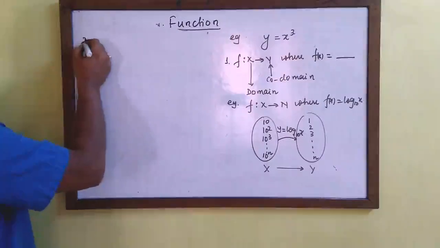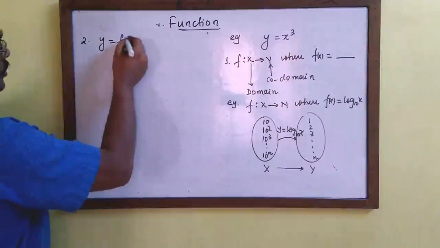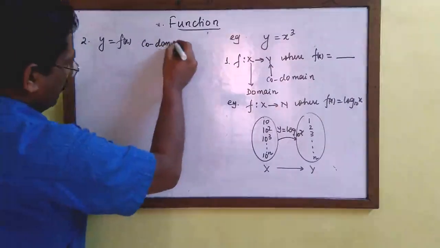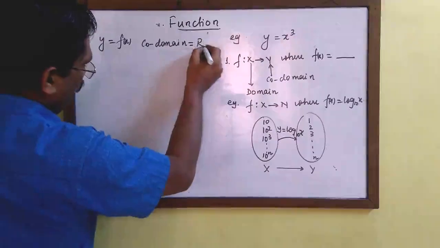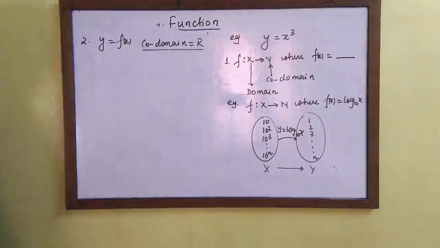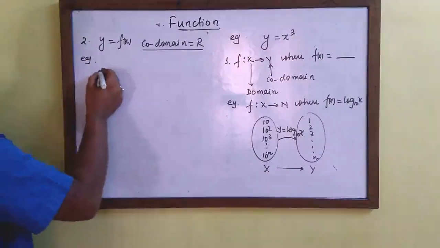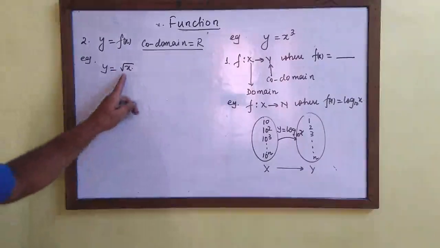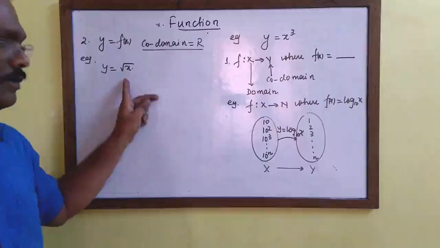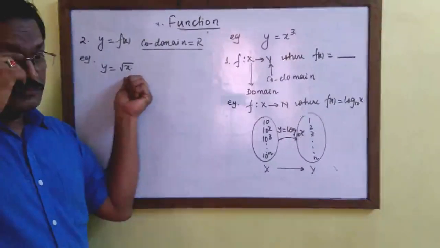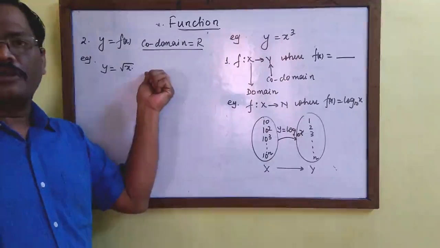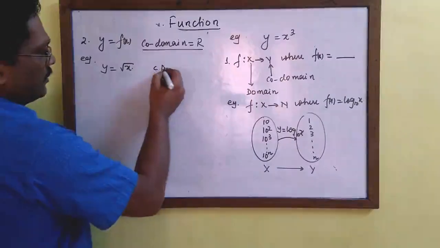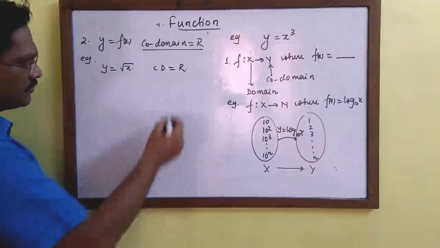If I have not specified it like this, and have only specified a procedure, then the default value of the codomain is the set of all real numbers. Say for example, if I have written only y equal to root x, see, I have written the positive square root of x, so that means if we write the square root of 4, we will write only 2, not plus or minus. So here the codomain becomes the set of all real numbers.